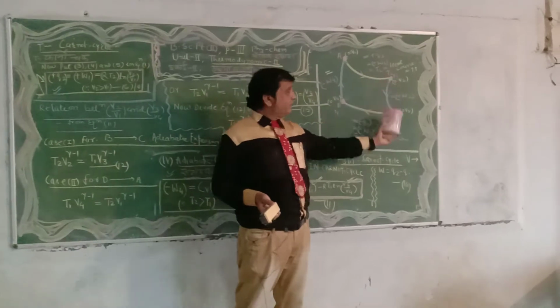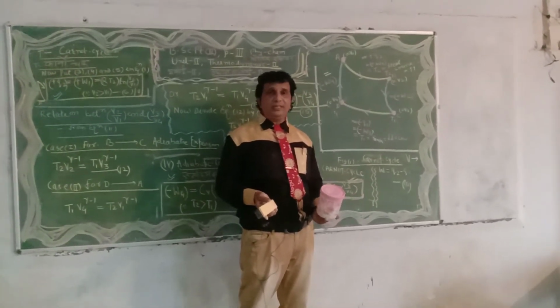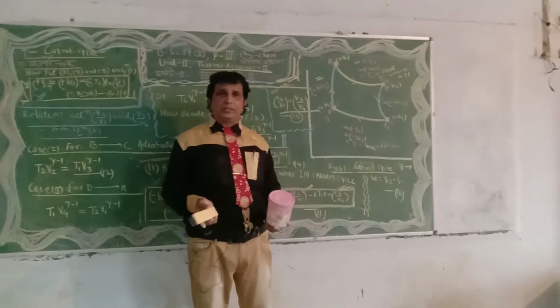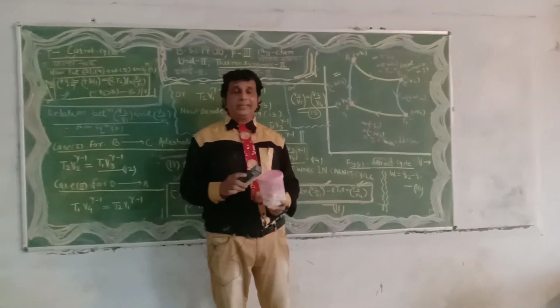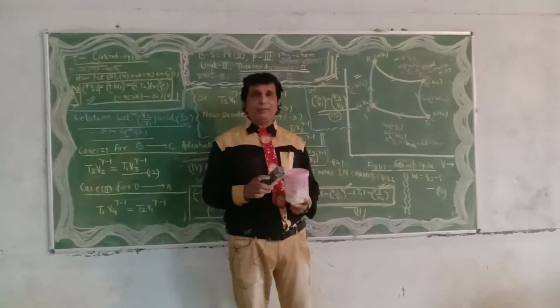In the case of B to C, which is known as adiabatic expansion, in this step the heat engine is connected by a non-conducting jacket to produce adiabatic conditions and the system is allowed to expand.